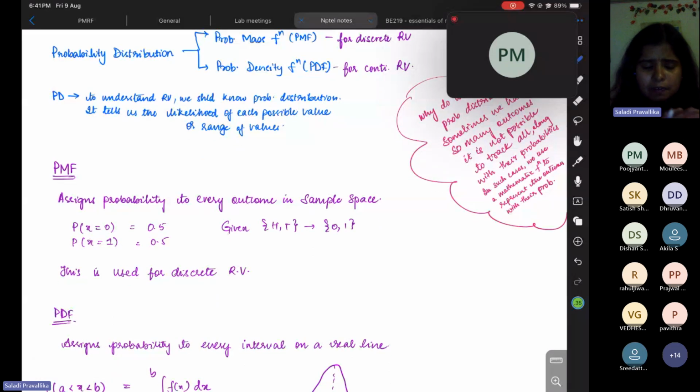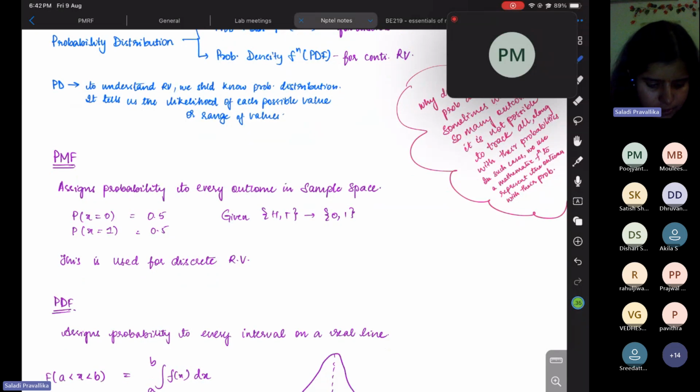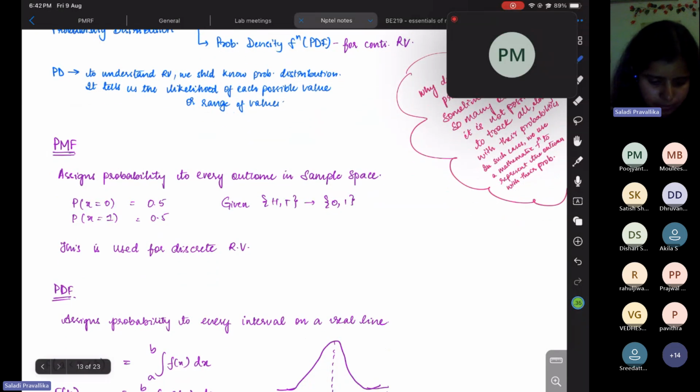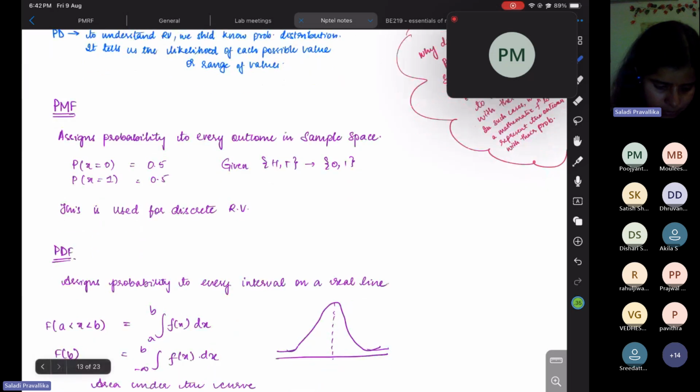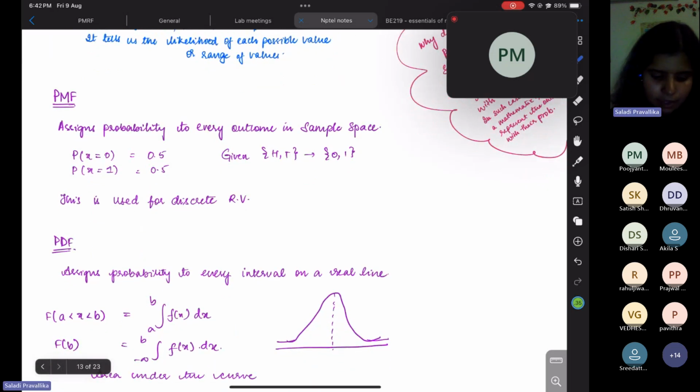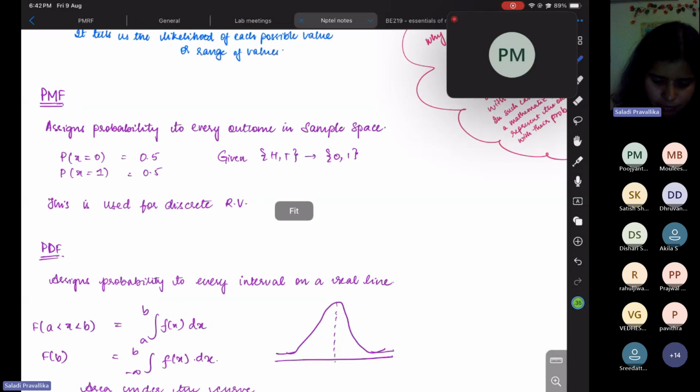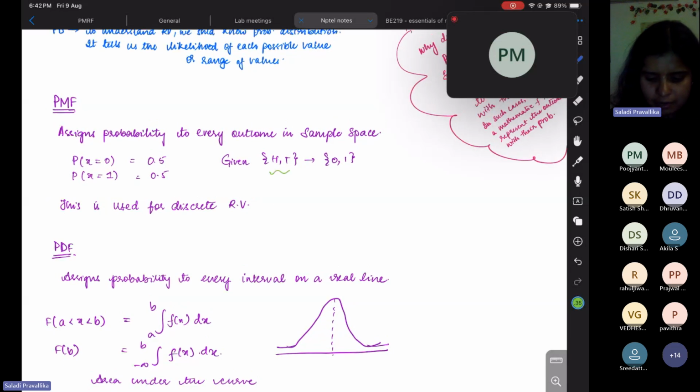Okay. So let's start with the easiest one, which is the discrete one. Discrete is very easy. That is the probability mass function, the probability distribution that we use for this. We assign some probability to every outcome in the sample space. We have head and tail, and we are assigning them some values like 0 and 1.